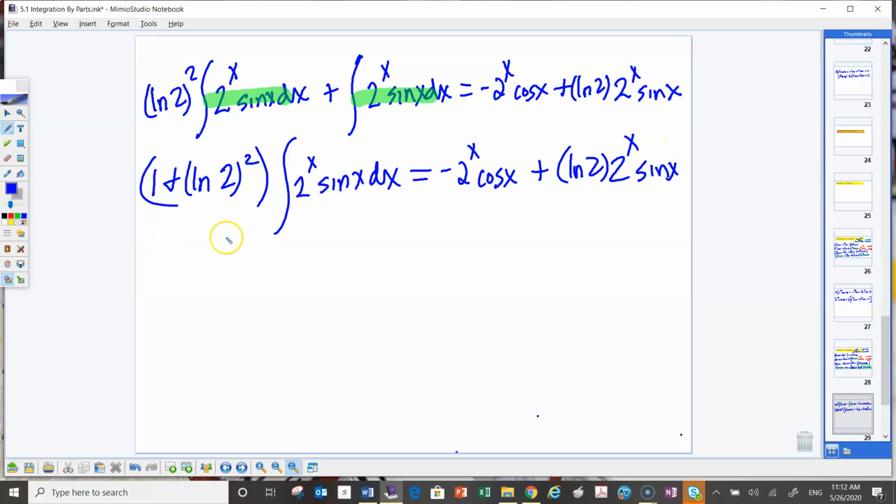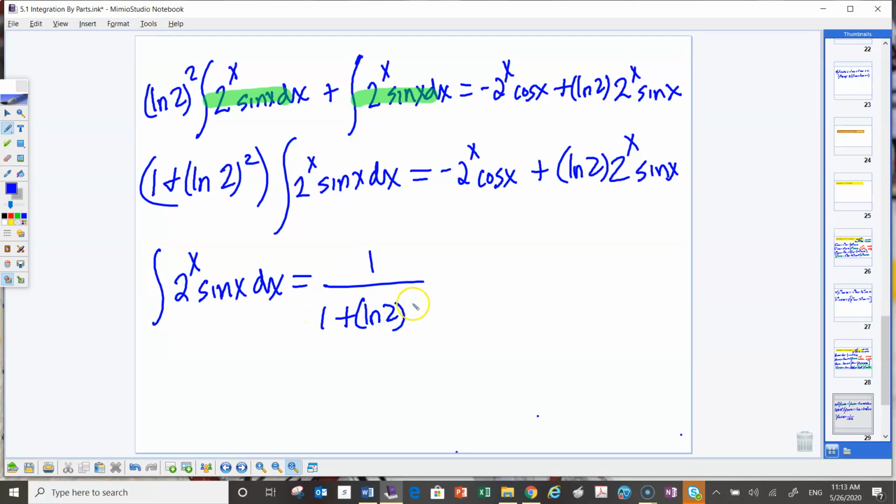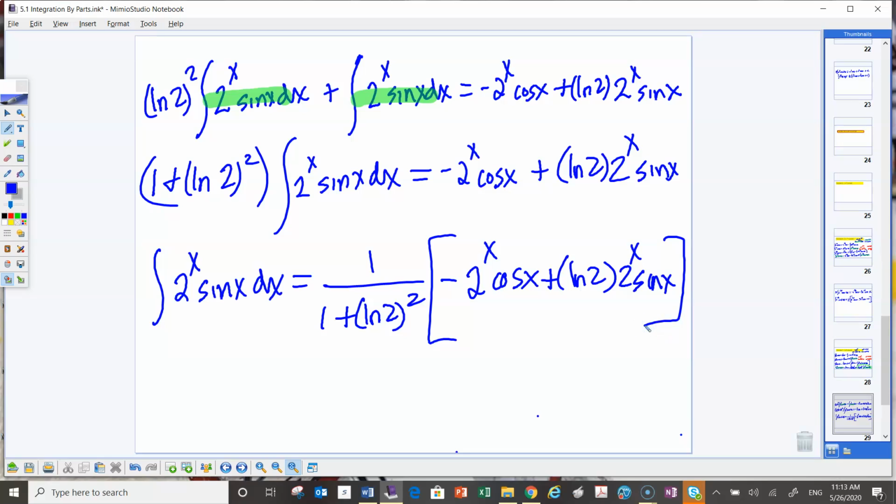And before, just like I divided by 10, I'm going to divide by this ugly binomial. So it's going to be 1 over 1 plus ln2 squared times negative 2 to the x cos x plus ln2 2 to the x sine x, and that would be your final answer. Oh, and my plus c.